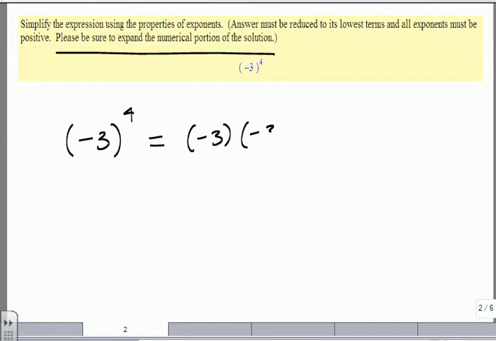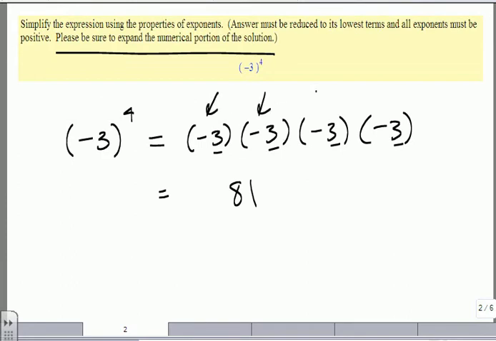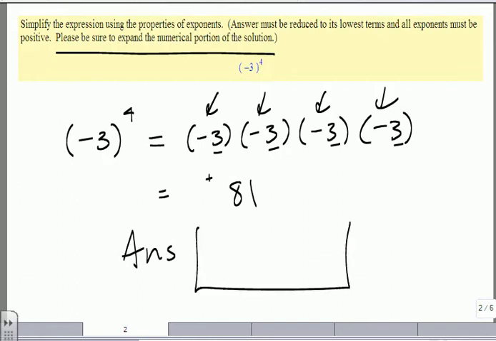Well, 3 times 3 times 3 times 3 is going to give you 81. What about our sign? Remember when we did that? We have 1, 2, 3, 4 negatives. 4 is an even number, so we have an even number of negatives, which means our answer is going to be positive. So the answer you would type into Hawks would be 81.